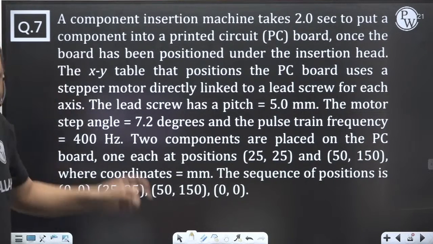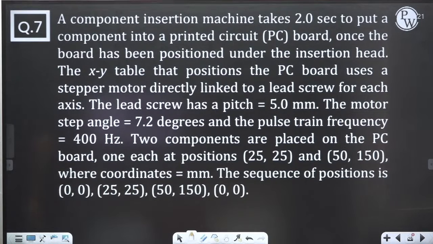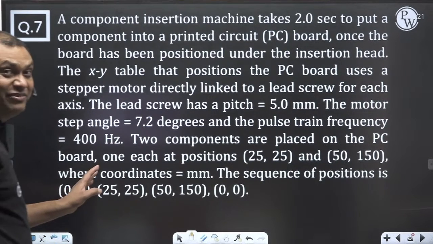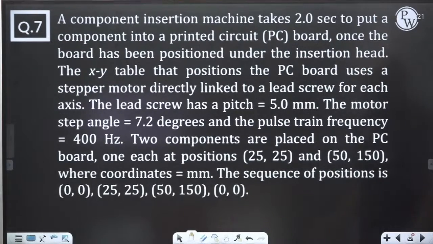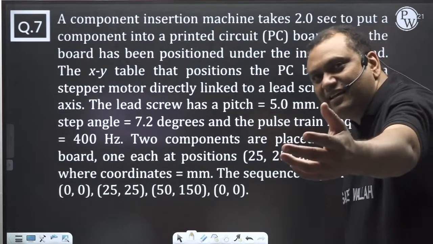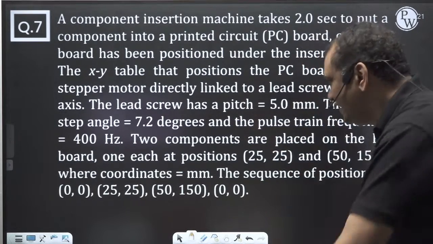So question number 7 and question number 8 are very good questions. Okay, na? So we will read together and compile the data.